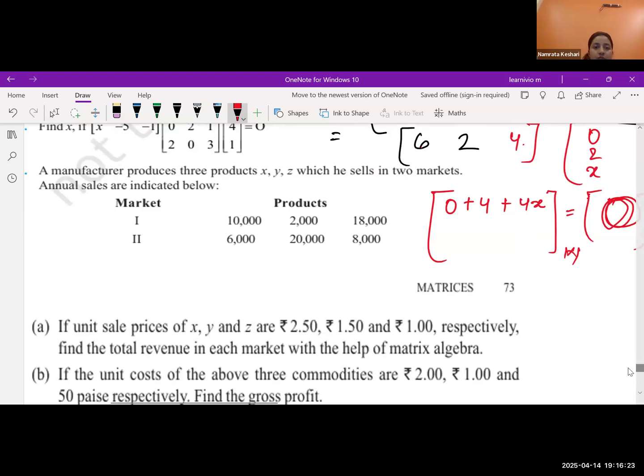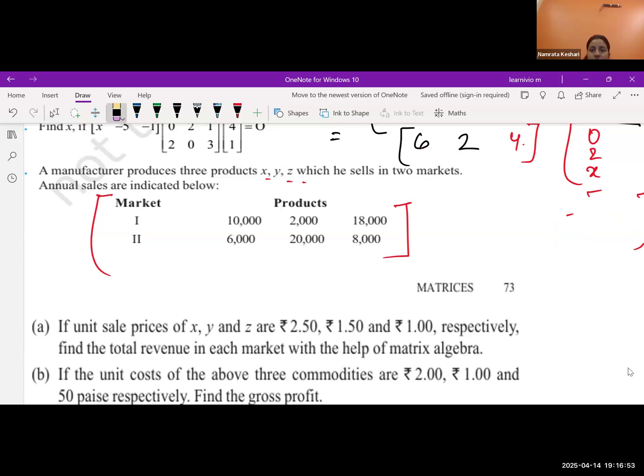A manufacturer produces three products. He sells in two markets. Market one is given, market two is given. If unit sell prices of X, Y, Z are these respectively, find the total revenue in each market with the help of matrix algebra. Okay, the products are given like this. We can take it in matrix form, and this is X, this is Y, this is Z, right?